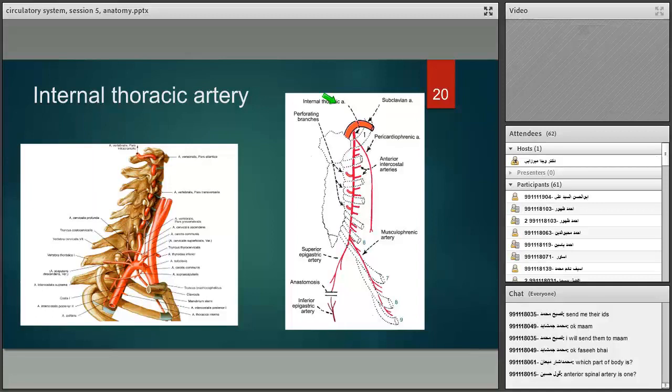This artery is sending a branch to the pericardium and also to the diaphragm with the name of pericardiacophrenic artery.